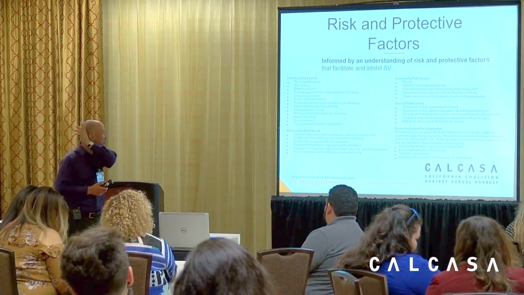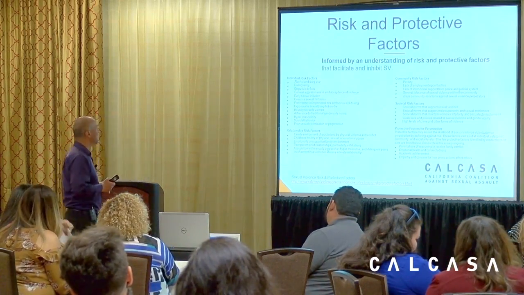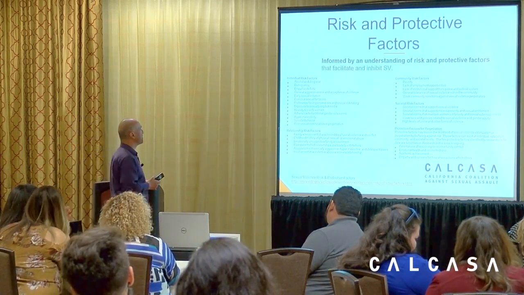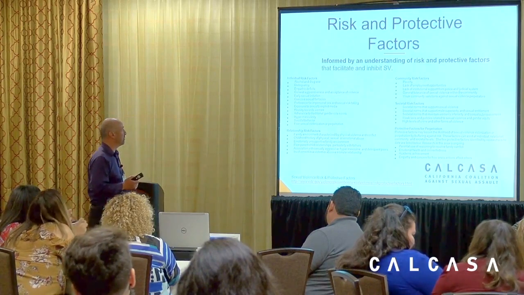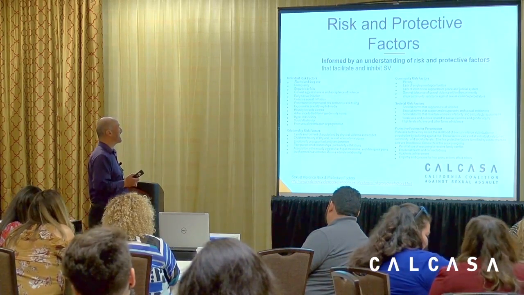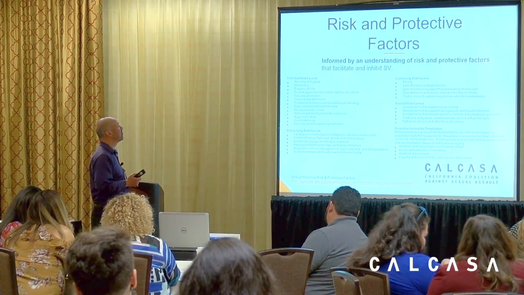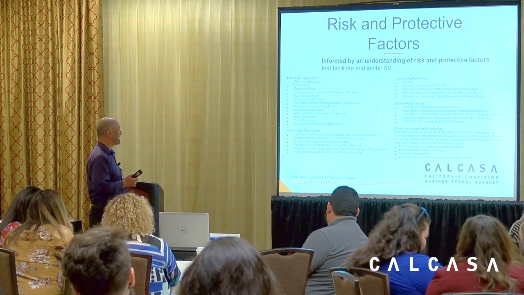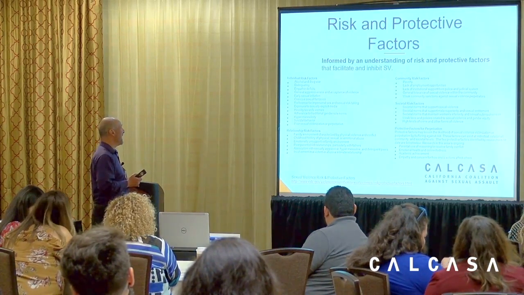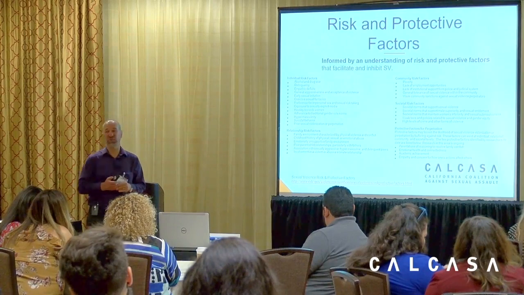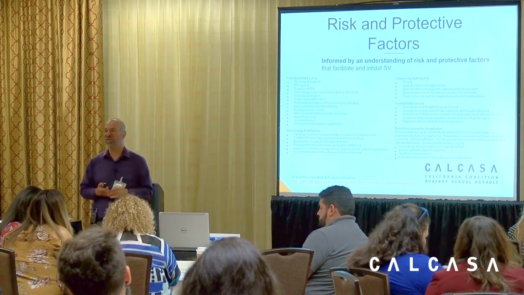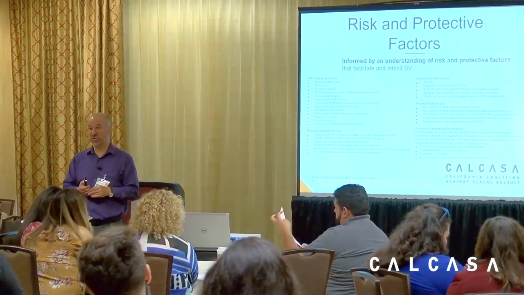Early sexual initiation, coercive sexual fantasies, preference for impersonal sex and sexual risk-taking, exposure to sexually explicit media, hostility towards women, adherence to traditional gender roles, hypermasculinity, suicidal behavior, and prior sexual victimization or perpetration. Those are risk factors for sexual violence perpetration.